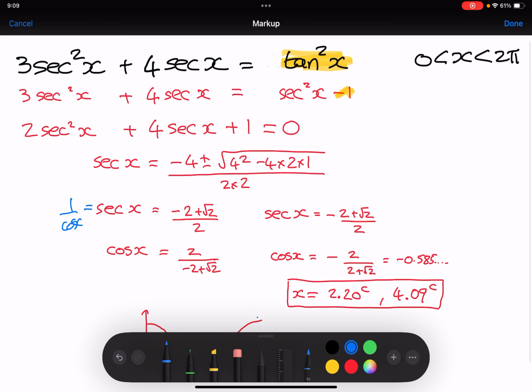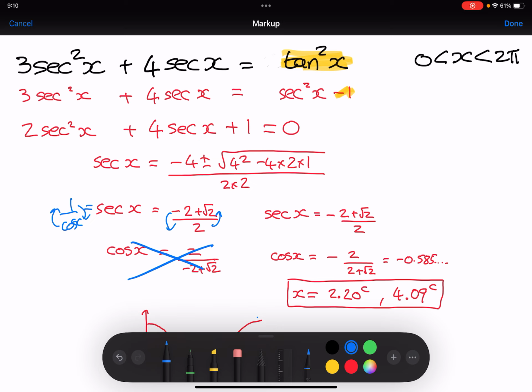So if I do the reciprocal on the left hand side and the reciprocal on the right hand side, then I find that cos x is going to be equal to 2 over minus 2 plus root 2. If you put that in your calculator, you'll find that that is not between 1 and minus 1, so that will not give us any solutions.